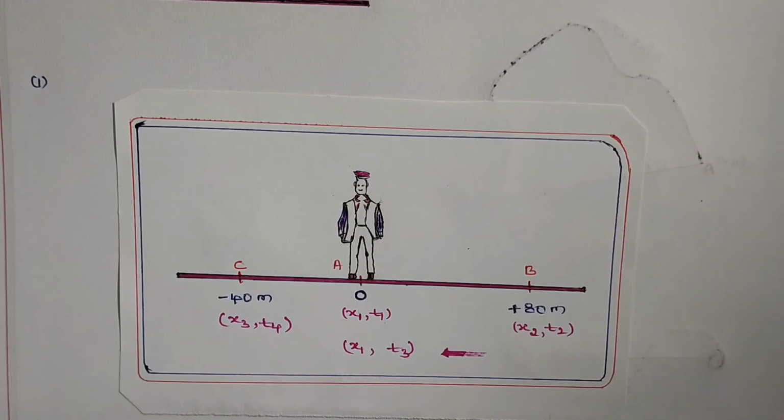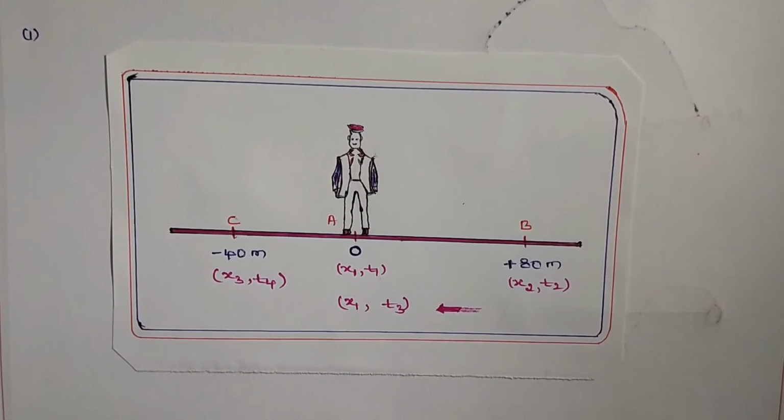Here for displacement, we have to measure the change in his position. In distance, we measure the length he traveled, and in displacement, we are measuring the change in the position during his journey.